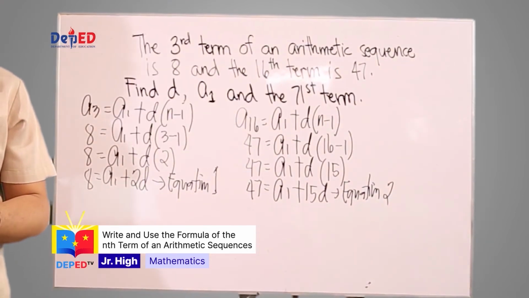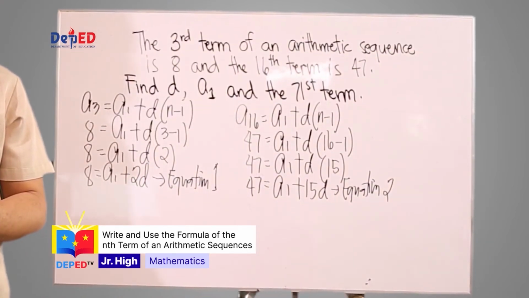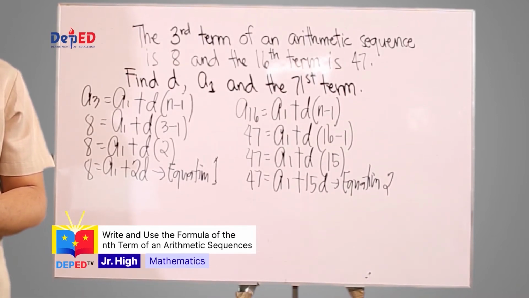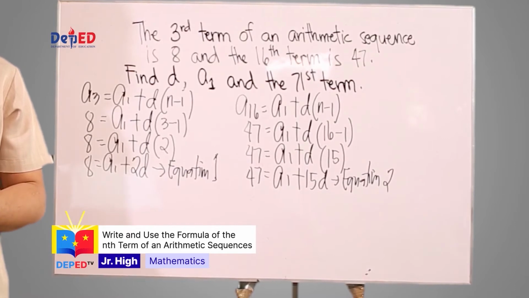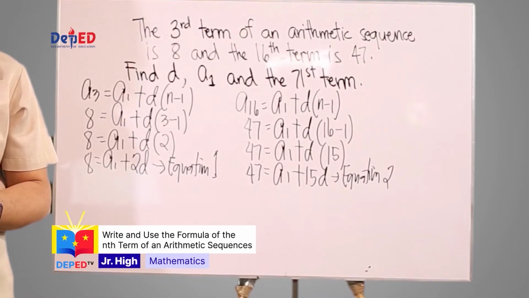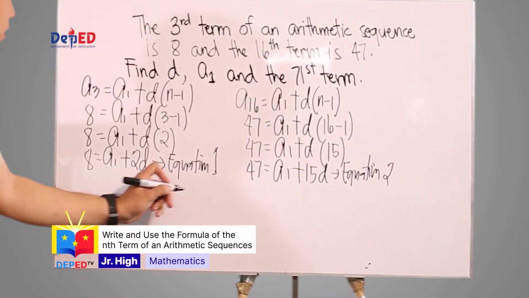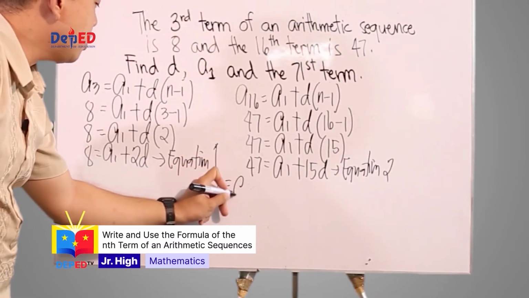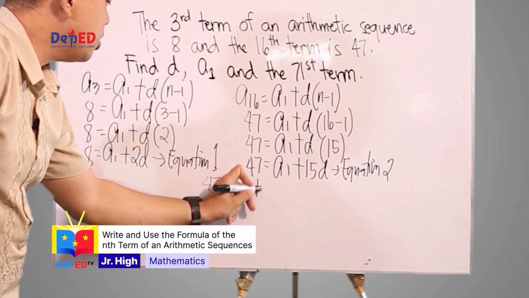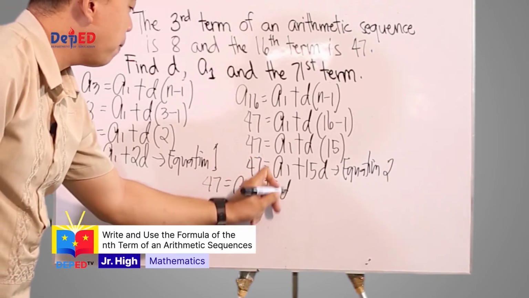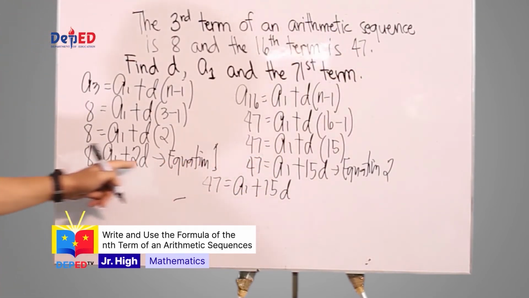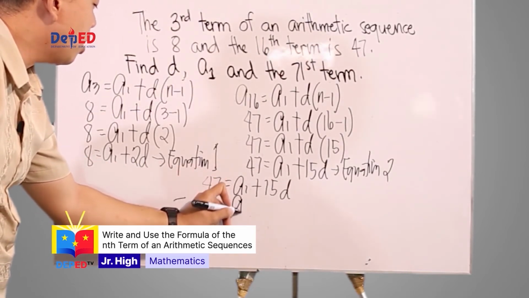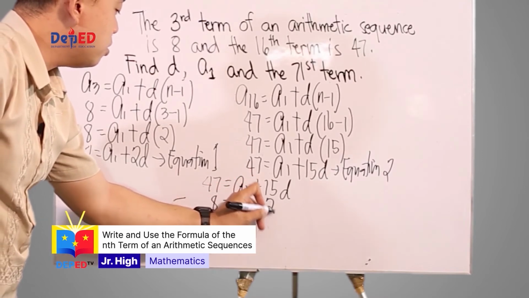Using equation 1 and equation 2, solve for the first term, a sub 1, and the common difference, d, by subtracting equation 2 by equation 1. We will have the second equation, 47 is equal to a sub 1 plus 15d, minus equation 1, which is 8 is equal to a sub 1 plus 2d.